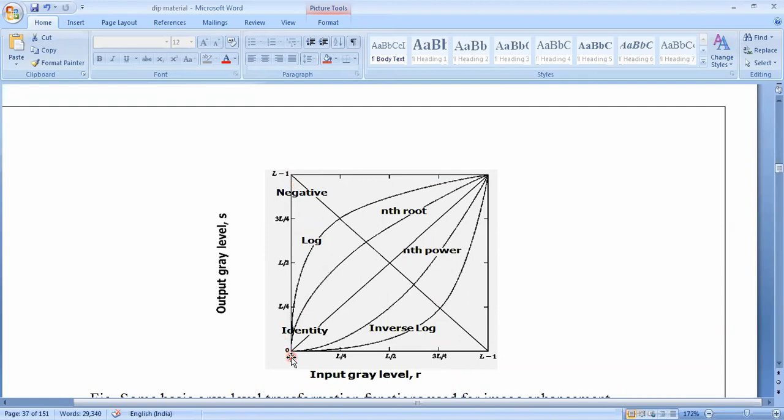255. ఇక్కడేమో ఇన్పుట్ ఇమేజ్ లో ఏమో బ్లాక్, 0 అంటే ఎంత? బ్లాక్. ఇక్కడేమో L minus 1 అంటే వైట్. ఓకేనా?